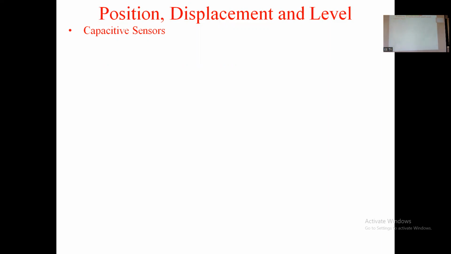Now see, the next type of sensor is the capacitive type of sensor. It is also used to measure position and displacement. As we know, the formula of capacitance is C equals epsilon A divided by D, right?